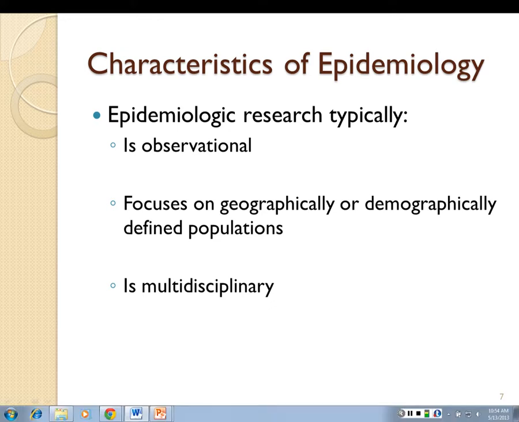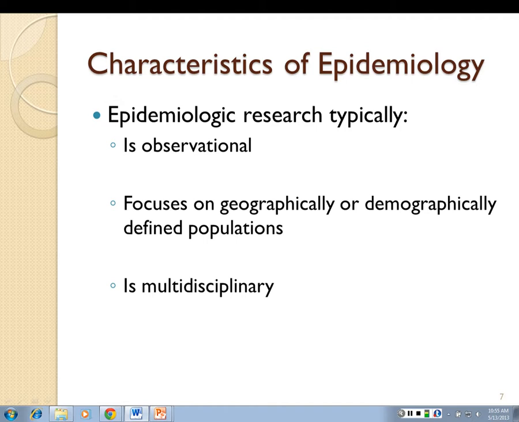So epidemiologic research typically, though not always, is observational rather than experimental. It focuses on free-living human populations defined by geography or some demographic characteristic, which could be occupation, migration status, health conditions, exposure history, etc., rather than a group of highly selected individuals studied in a clinical setting.